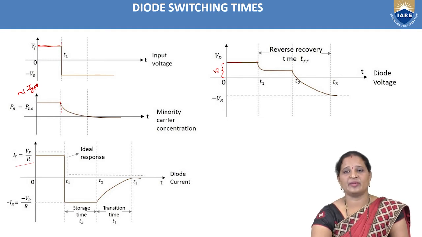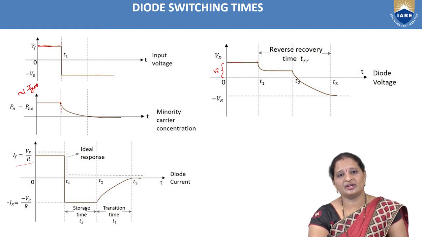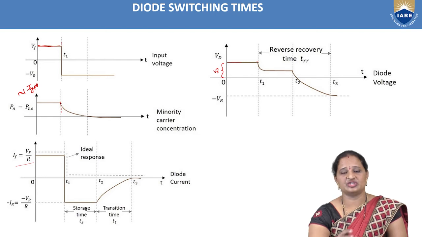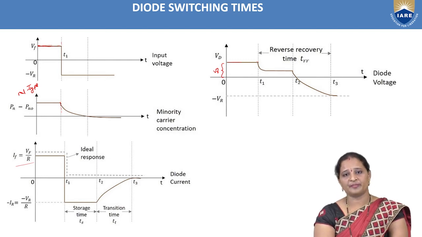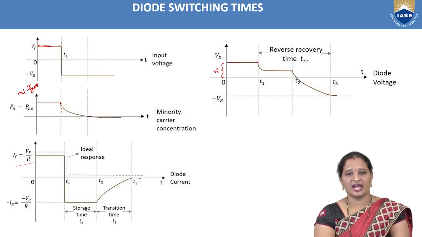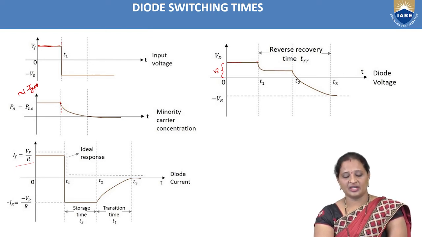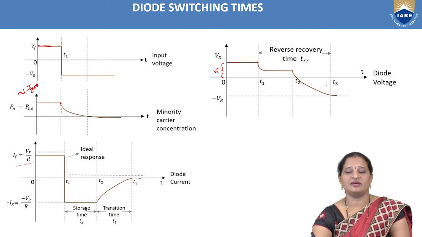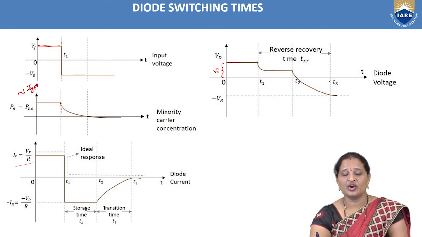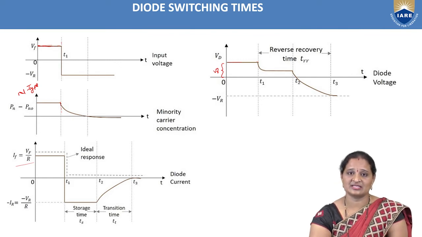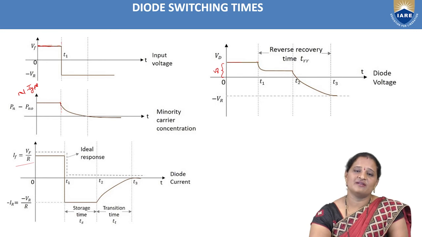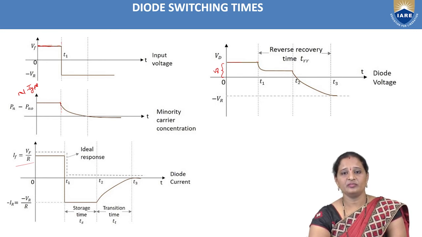Here you have to remember that the time required by the diode to change its state from on to off, that is the reverse recovery time, is very high when compared to the forward recovery time. Forward recovery time is the time required by the diode to change its state from steady state reverse bias condition to the steady state forward bias condition.